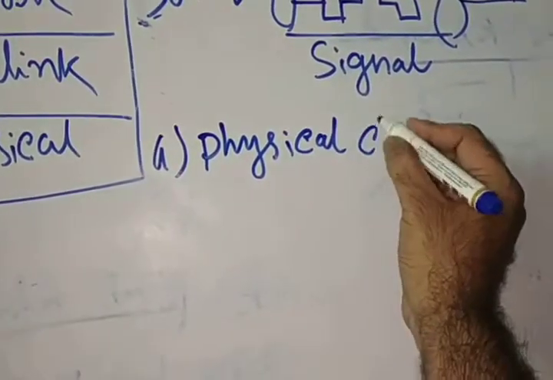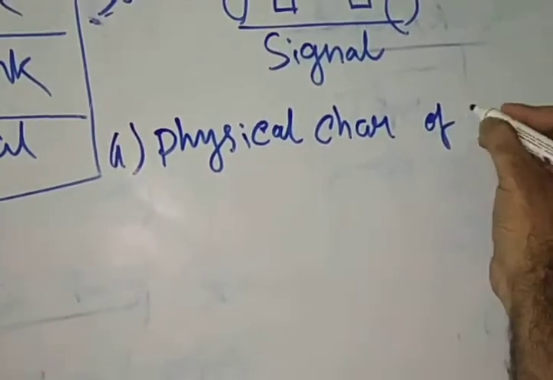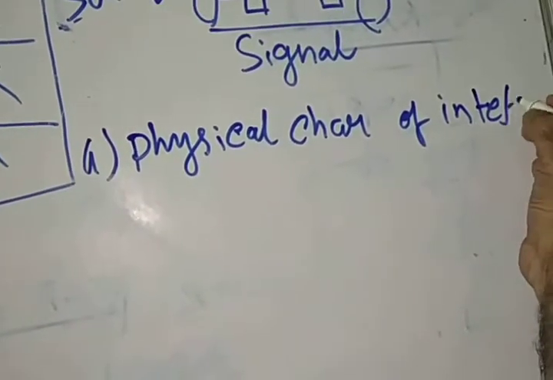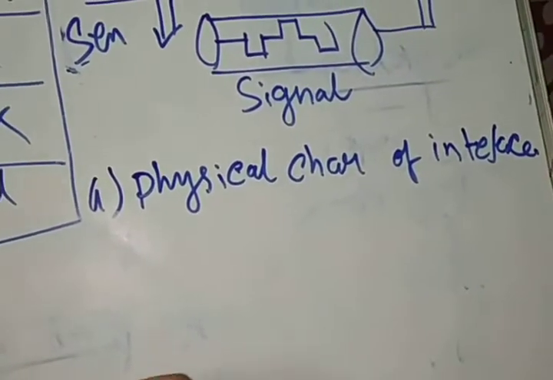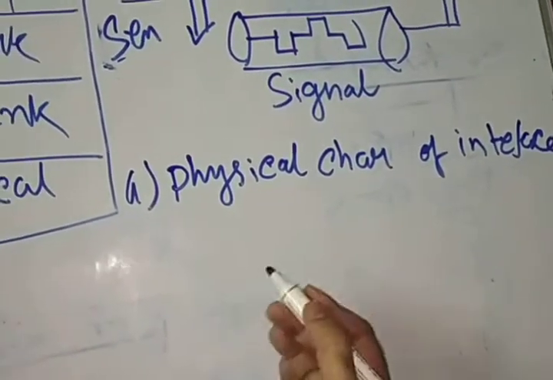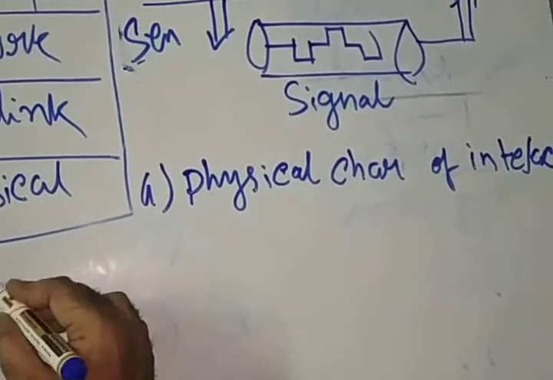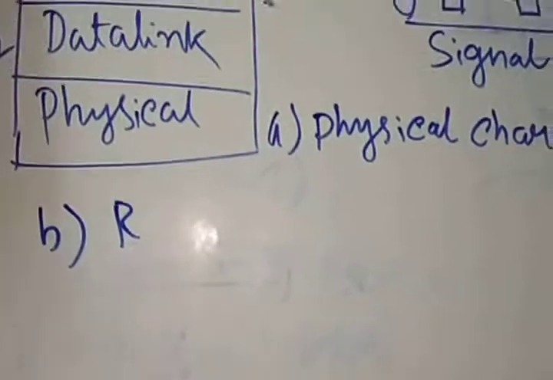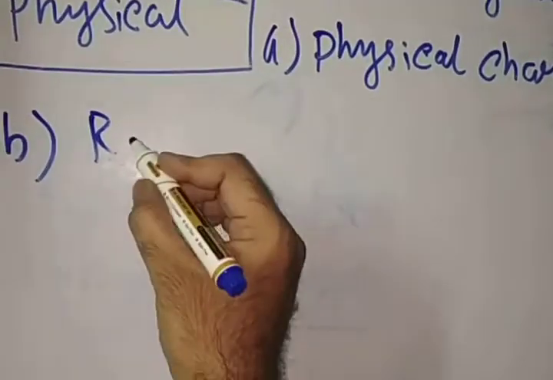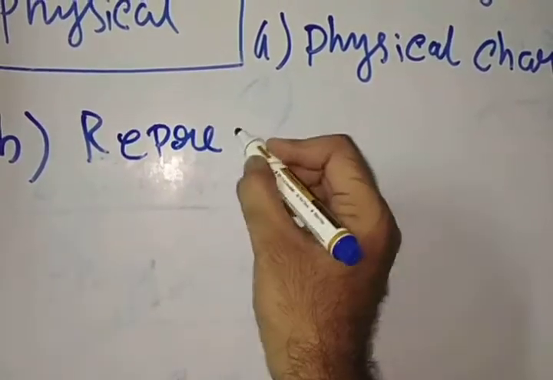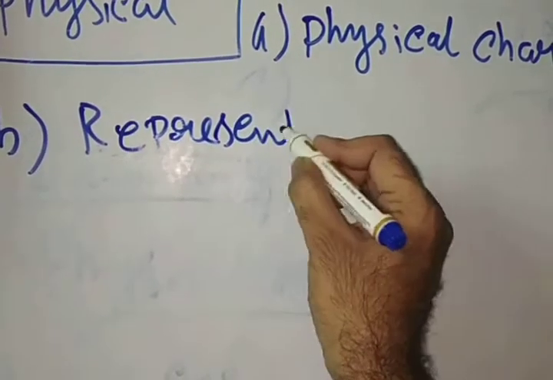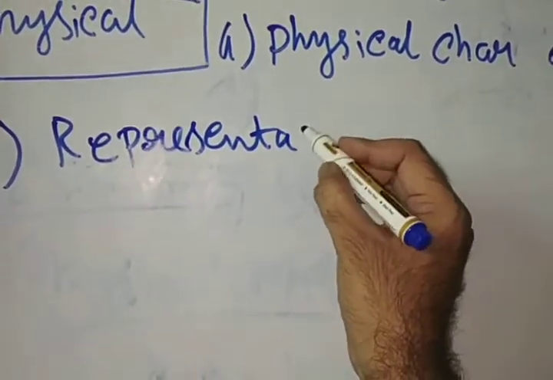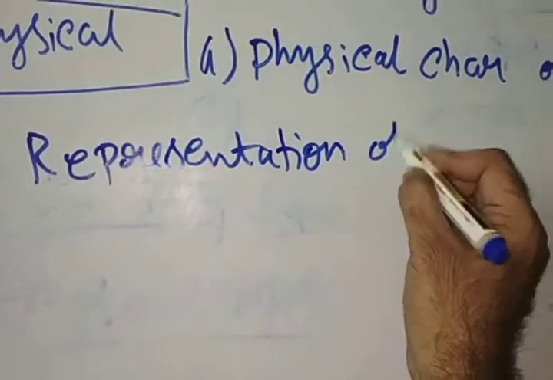Physical characteristics of interface. This is the first function. It looks after the physical characteristics of the interface. The second one is how the bit is represented, in which format. Representation of bits.